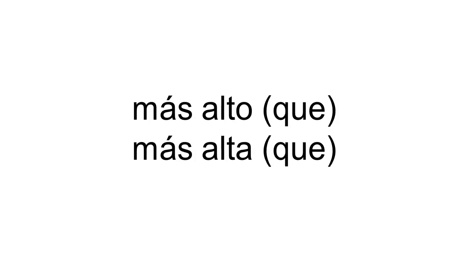Or Maria es más alta. Maria is taller. If you include the other person being compared, then you would use the que and then that other person. So, for example, Juan es más alto que Pedro. Juan is taller than Pedro. Or Maria es más alta que Mónica. Maria is taller than Mónica.